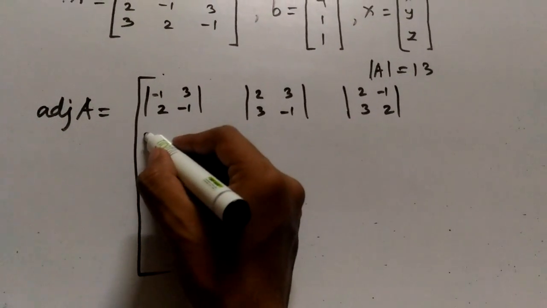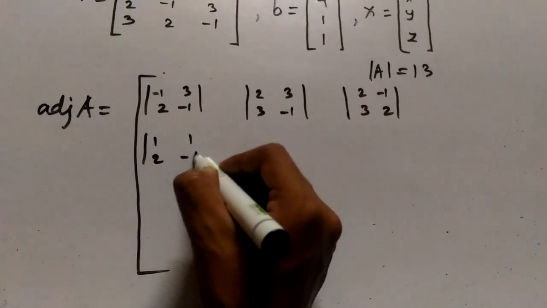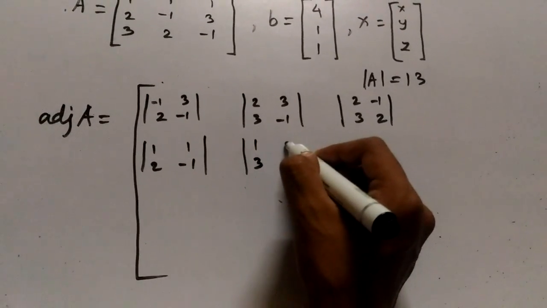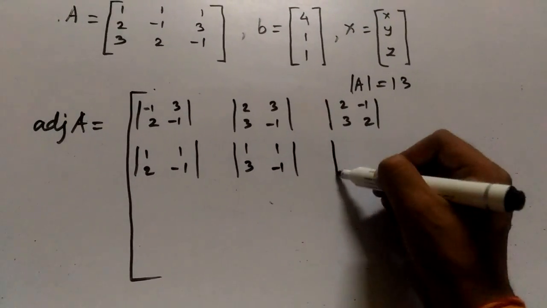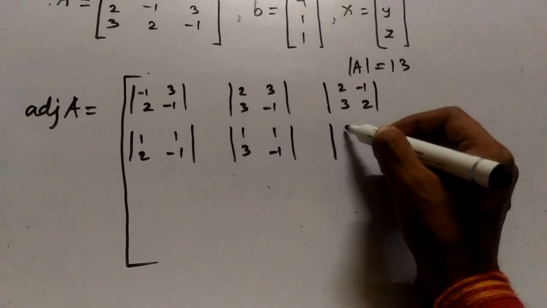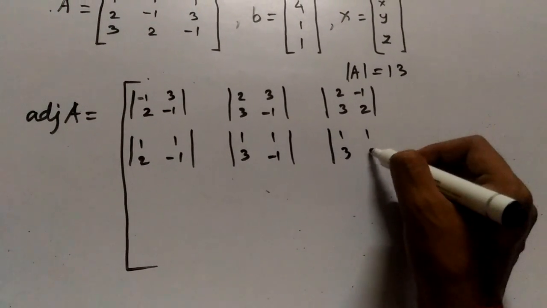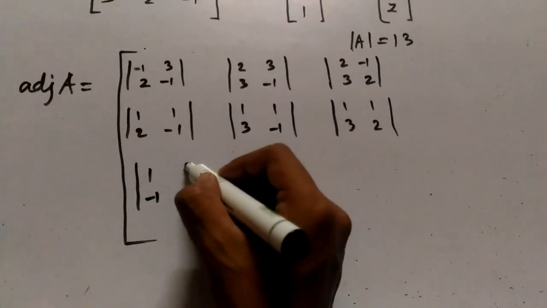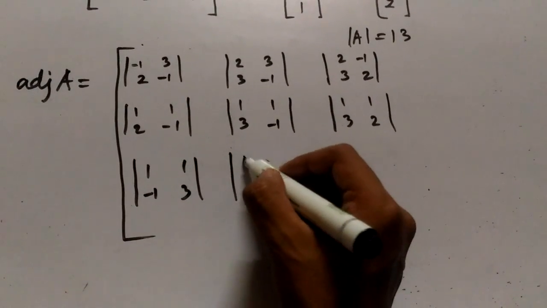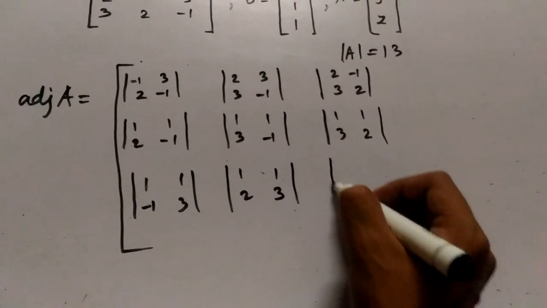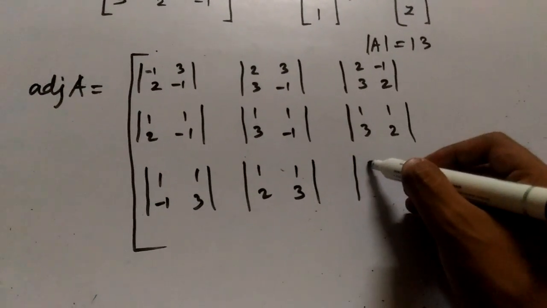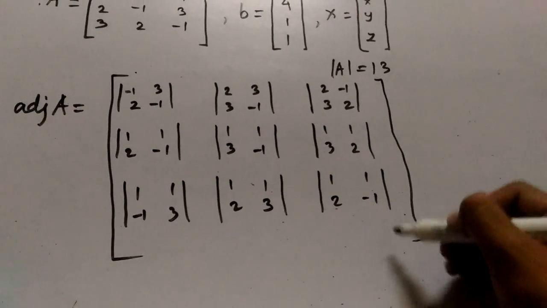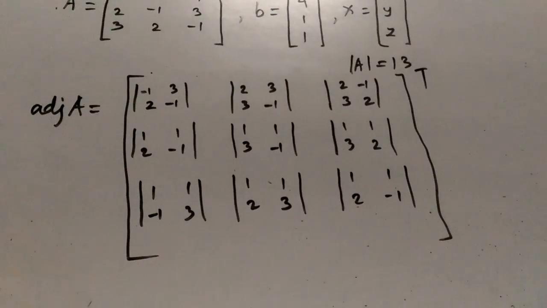Similarly, cofactor of 2 is 1, 2, 1, minus 1. Cofactor of minus 1 is 1, 3, 1, minus 1. Cofactor of 3 is 1, 3, 1, 2. Cofactor of 3 again is 1, minus 1, 1, 3. And cofactor of minus 1 again is 1, 2, 1, minus 1. Now the transpose of this matrix will be our adjoint.